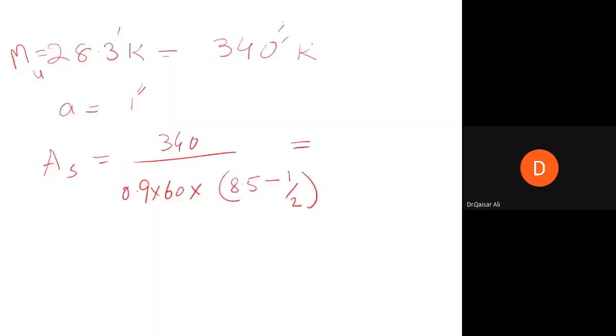When you do these calculations, you will see that the area of steel comes out to be much divided by 0.9.